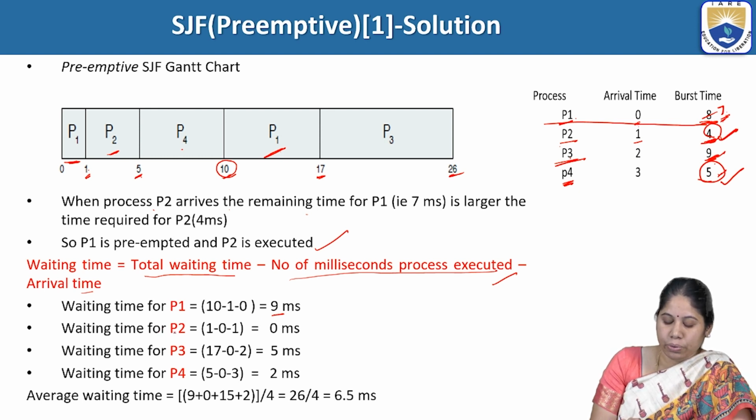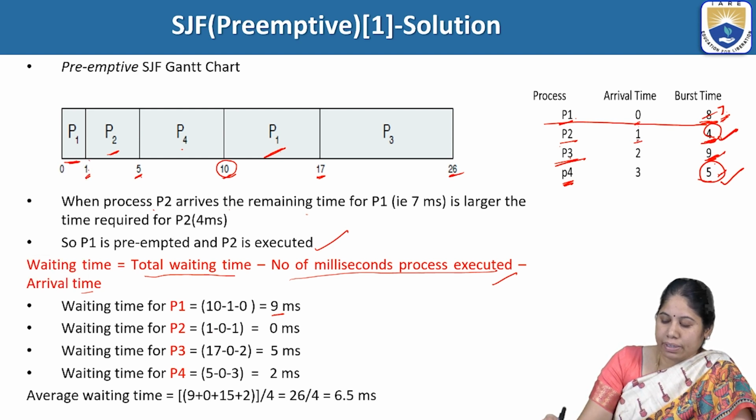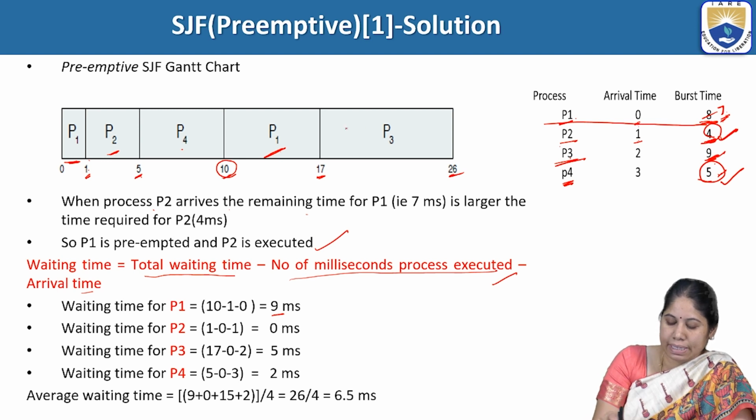Waiting time for P2: arrival time is 1, and the number of milliseconds executed is 0. So 1 minus 0 minus 1 equals 0 milliseconds.